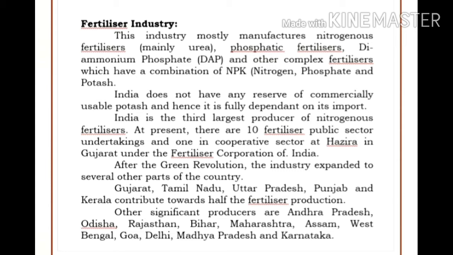After the Green Revolution, the industry expanded to several other parts of the country. Gujarat, Tamil Nadu, Uttar Pradesh, Punjab and Kerala contribute towards half the fertilizer production. Other significant producers are Andhra Pradesh, Odisha, Rajasthan, Bihar, Maharashtra, Assam, West Bengal, Goa, Delhi, Madhya Pradesh and Karnataka.